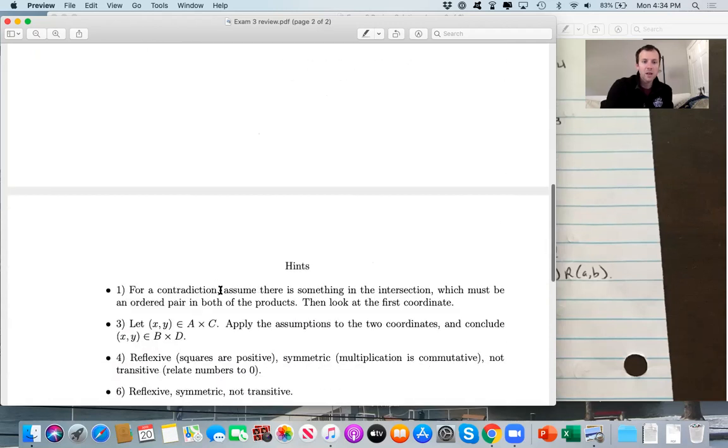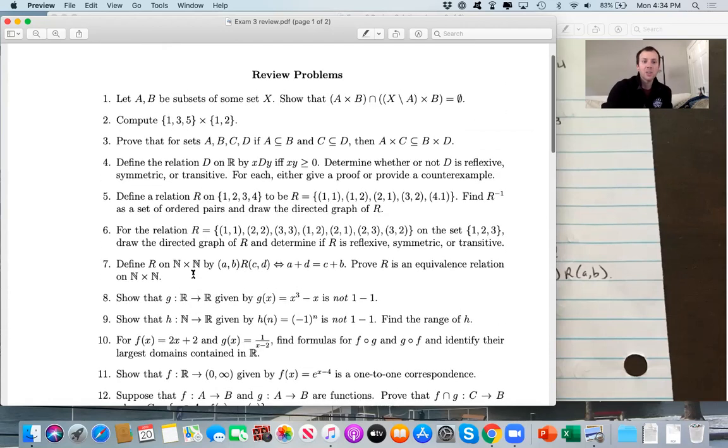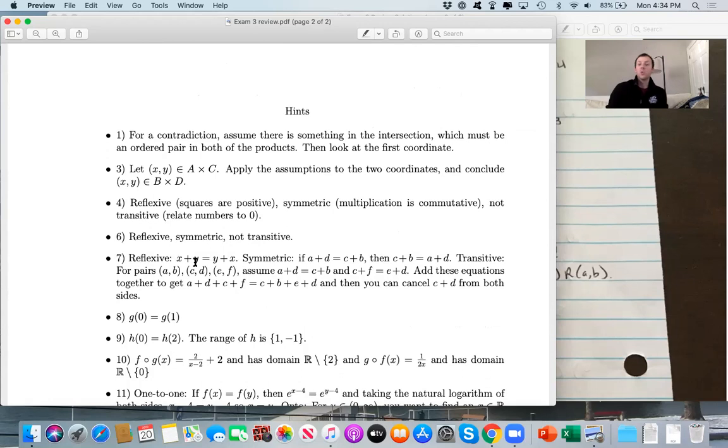Down here, I gave one way of doing it. Reflexive is saying if you have a pair (x, y), so you're taking something in the underlying set N times N, which is itself a pair, you want to know if it's related to itself.